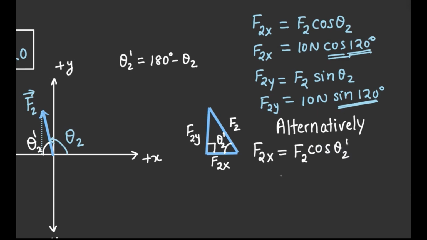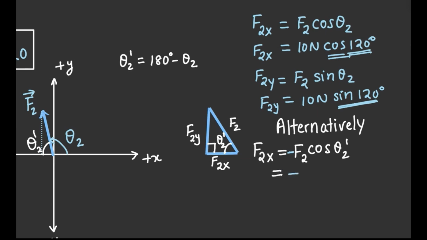Okay, cosine theta 2 prime will be a positive number, because as you can see, theta 2 prime as it is defined is less than 90 degrees, and cosine of an angle that is less than 90 degrees is a positive number. That means we have to insert a negative sign here by hand. And when we do so, what do we get for f2x?